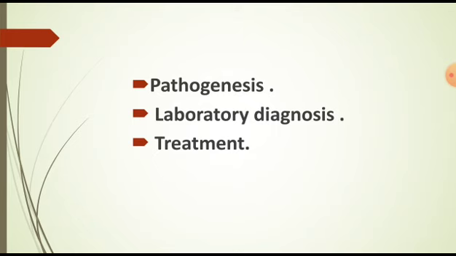Next, infant botulism. The disease affects infants, usually 6 months old, and occurs due to ingestion of food contaminated with spores of the organism and not due to preformed toxins. Honey has been reported as a source of infection.